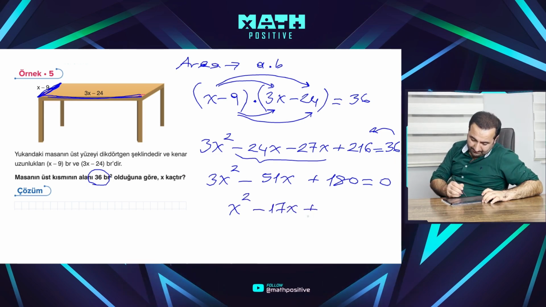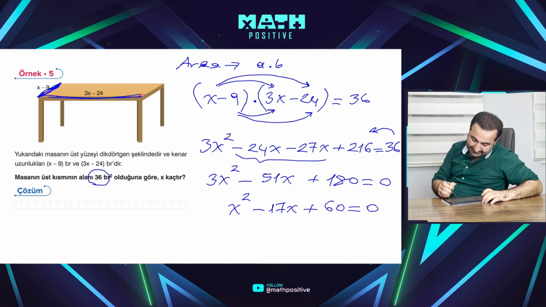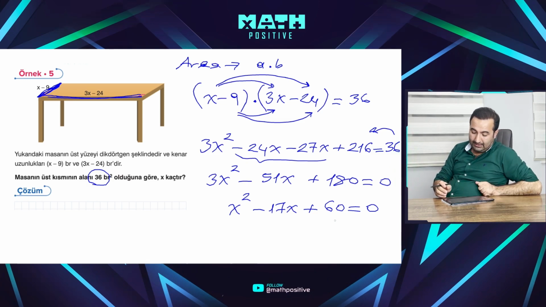Just dividing by 3, we will get x squared minus 17x plus 60 equals 0, and this is our quadratic equation to be solved.